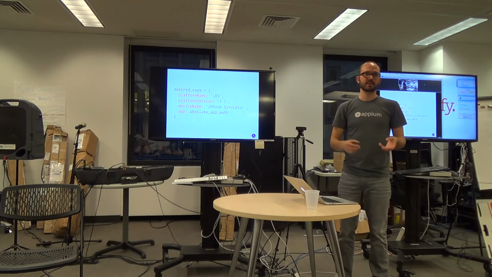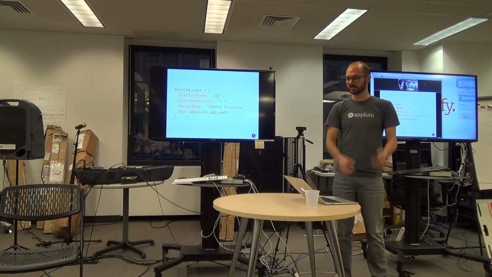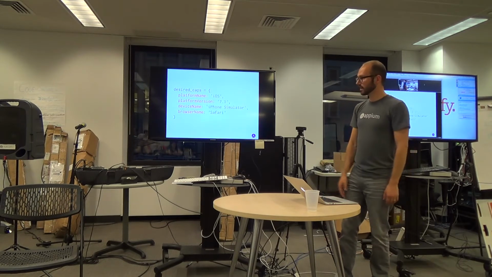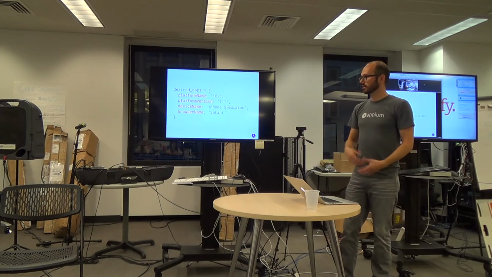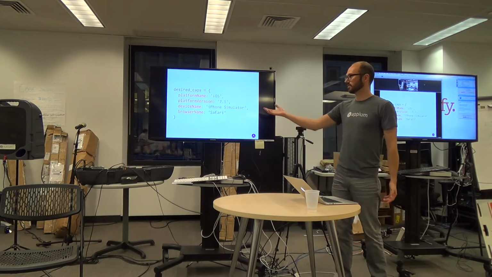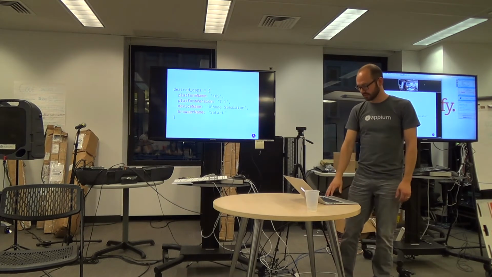There's iOS, and you have an iPhone 5S, and they're different things, and they can be combined in various ways. We're also bringing back the browser name capability, which makes a lot of sense. If you want to automate Safari on an iOS device, then Safari is a browser, and we should be able to use the browser name capability to denote that.